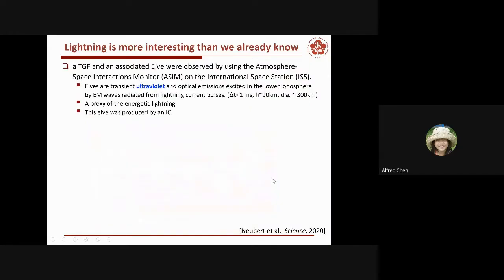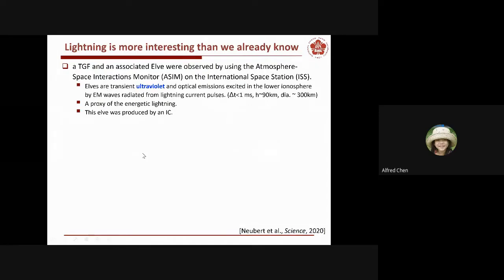And last year, a terrestrial gamma ray flash and the associated ELF were observed by an instrument on board the International Space Station. The instrument is the Atmosphere-Space Interactions Monitor, also known as ASIM, which was deployed by the Denmark team.